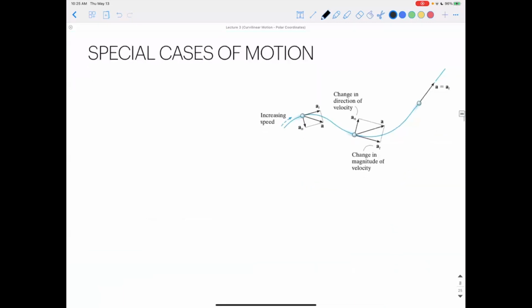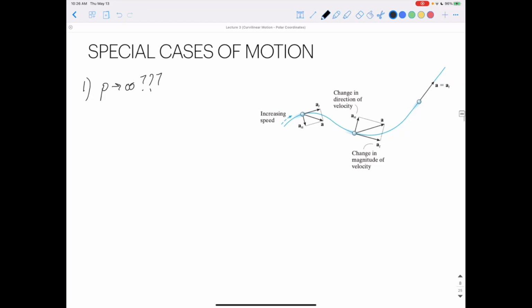So let's look at some special cases. What type of motion do we have when we have an infinite radius of curvature? Probably only tangential, just because it would go to 0.